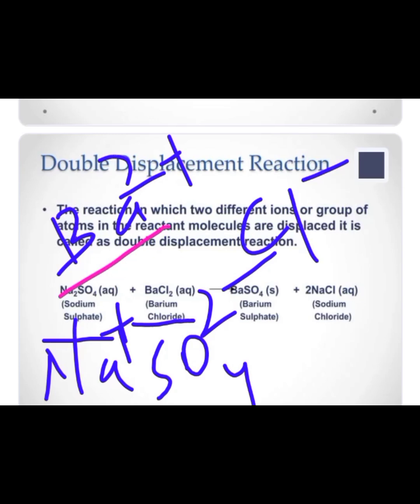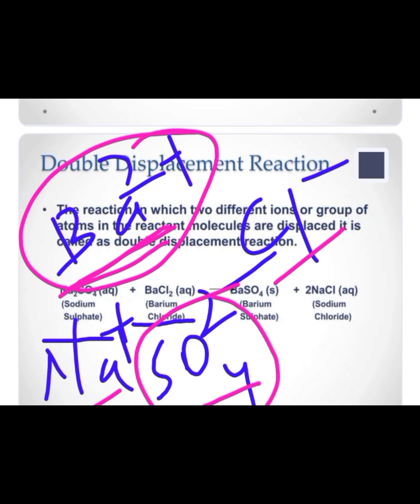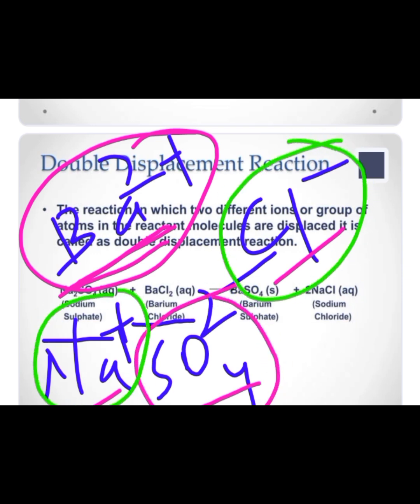Mutual means mutual displacement. Barium combines with sulfate and sodium combines with chloride ion. Barium sulfate and sodium chloride.